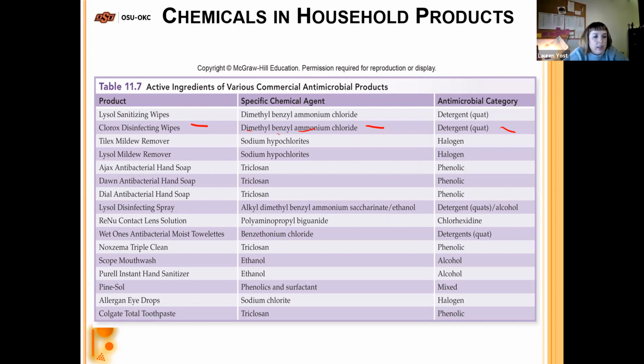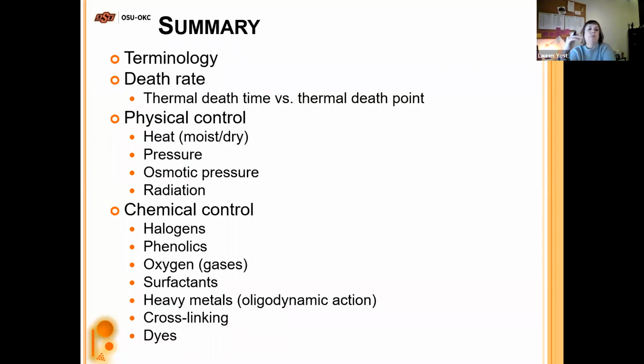Renew contact lens solution has propylaminopropyl biguanide, which is a chlorhexidine derivative. Interesting. If you want to look through this, there it is. Now that you know a little about the things you're putting on your body or in your household, maybe you have a better understanding of what you're getting into when you start cleaning things around hospitals, if you haven't already been doing that.